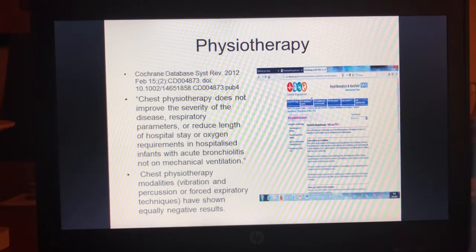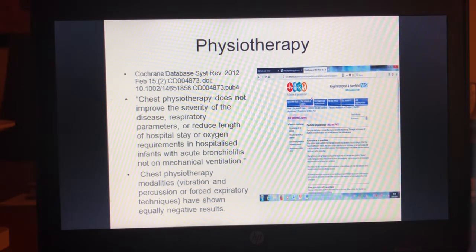And that furthermore, there wasn't any particular modality or type of physiotherapy that seemed to be any better or worse. The different techniques all equally showed negative results. And so for a long time, traditionally, wheeze was considered to be made worse by physiotherapy. And certainly that is true in our experience. However, our experience also has shown that this is often just short-lived.